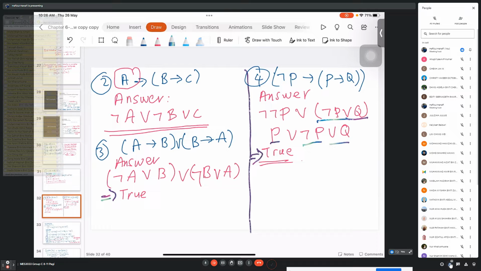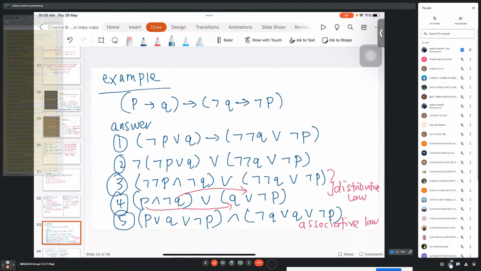Okay, kalau ada soalan boleh tanya lah. Okay, kita rehat 3 minit. Sekejap lagi kita akan sambung lah. Before that, okay, please go into this example. Kamu tengok dulu this example. Kalau ada soalan boleh tanya kemudian lah. Kita rehat dulu 3 minit. Sambil-sambil tu kamu tengok dulu lah yang ni.